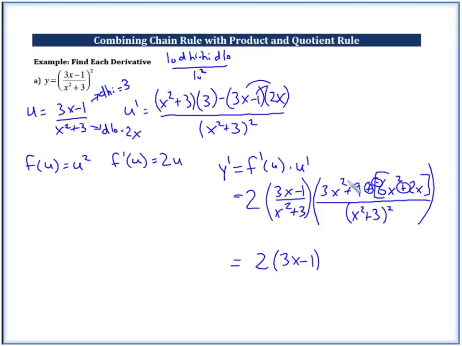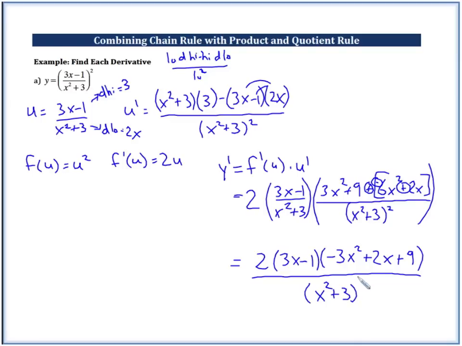So 3x squared minus 6x squared is negative 3x squared, and then we still have plus 2x and plus 9. This is all going to be over x squared plus 3 times x squared plus 3 squared. So now we actually have 3 of those factors, so we have x squared plus 3 cubed, and that would be the final answer.